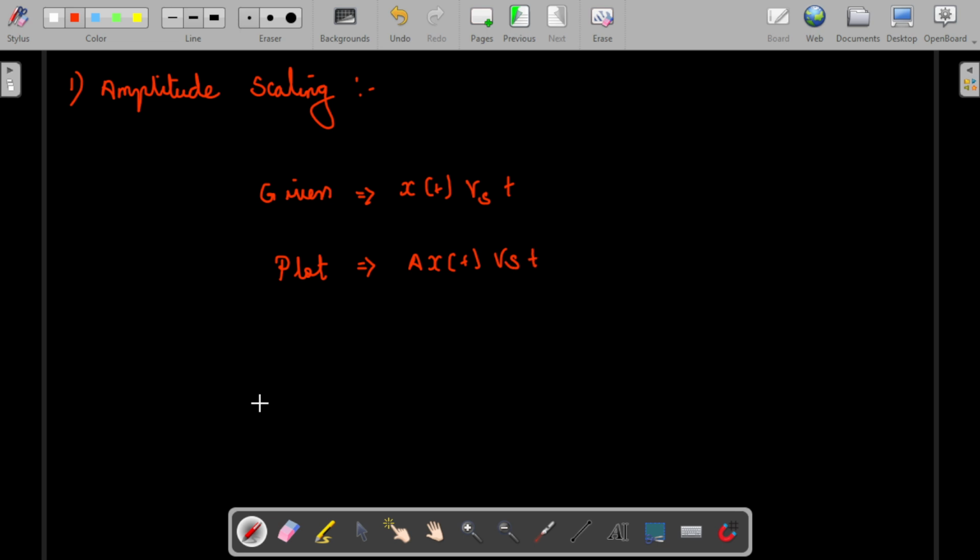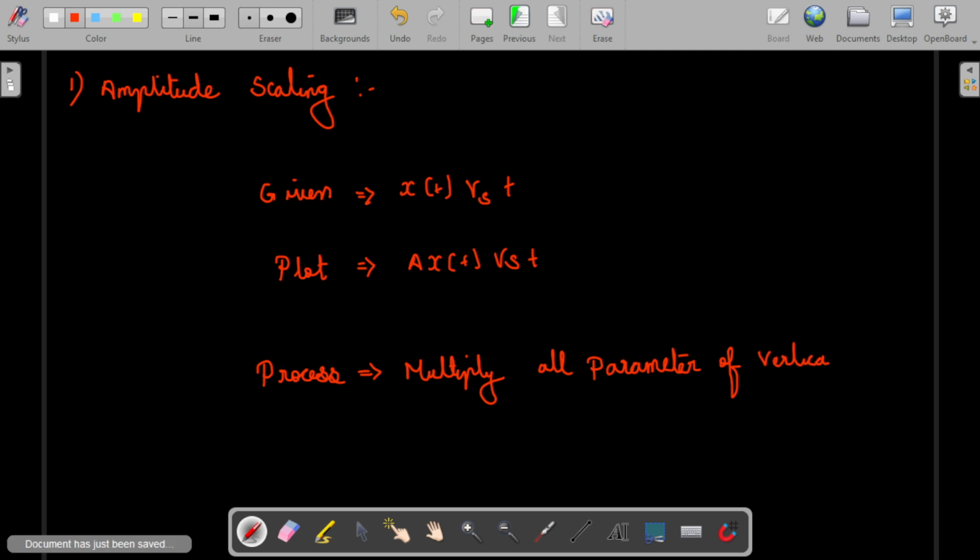The process is that we have to multiply all the parameters of the vertical axis by the value a. We know that a signal is a physical phenomenon, where we have to multiply all the parameters of the signal on the vertical axis.